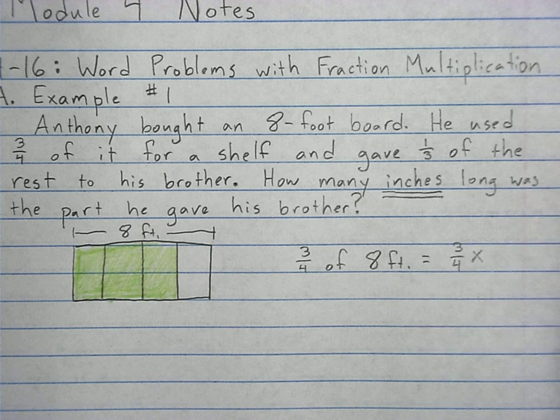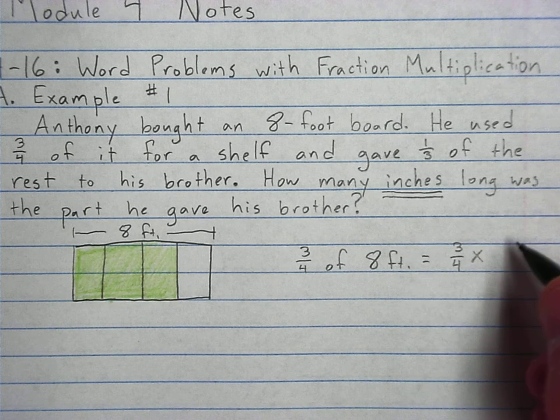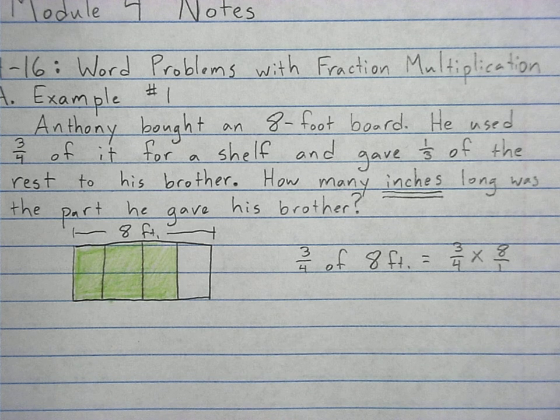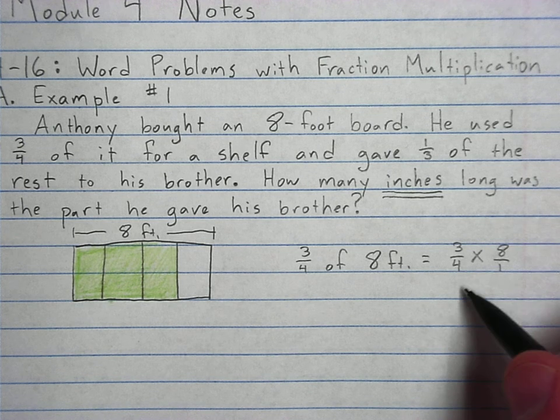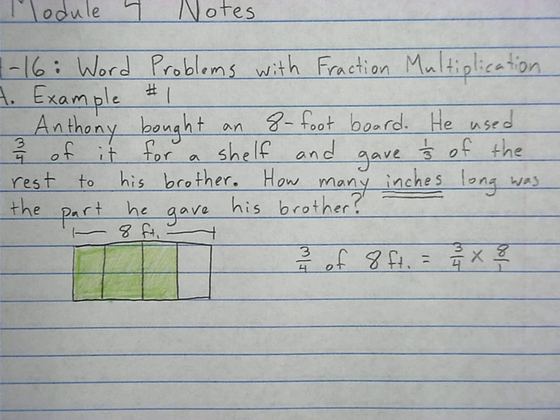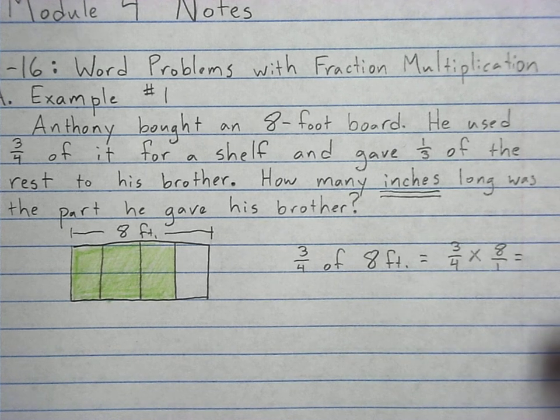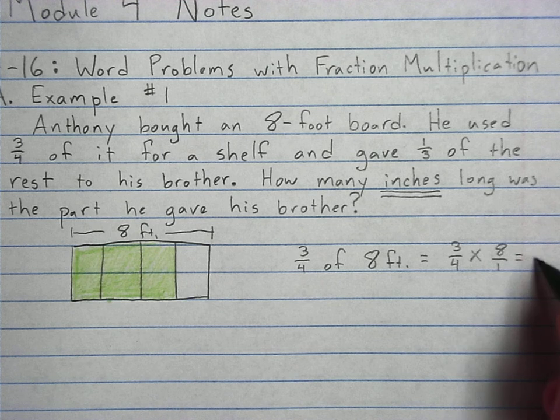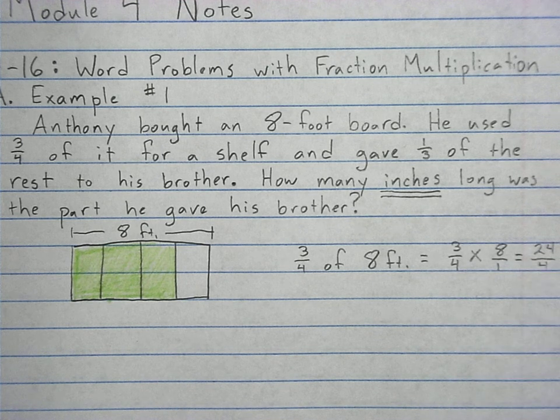3/4 of, remember we're just multiplying, 3/4 of 8, well, 8 is a whole number. I'm going to write it 8/1. Those of you who like to cross-cancel, 8 and 4 will allow you to do that. But if you're not as comfortable with that, you can just multiply straight across. 3 times 8 is 24. 4 times 1 is 4.